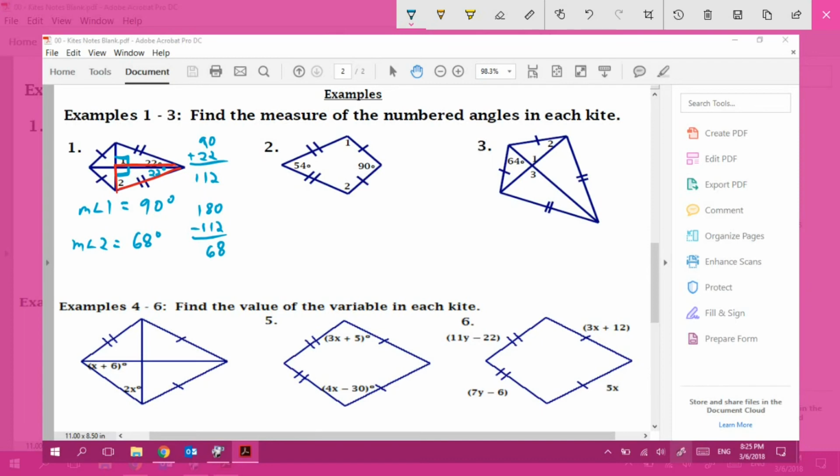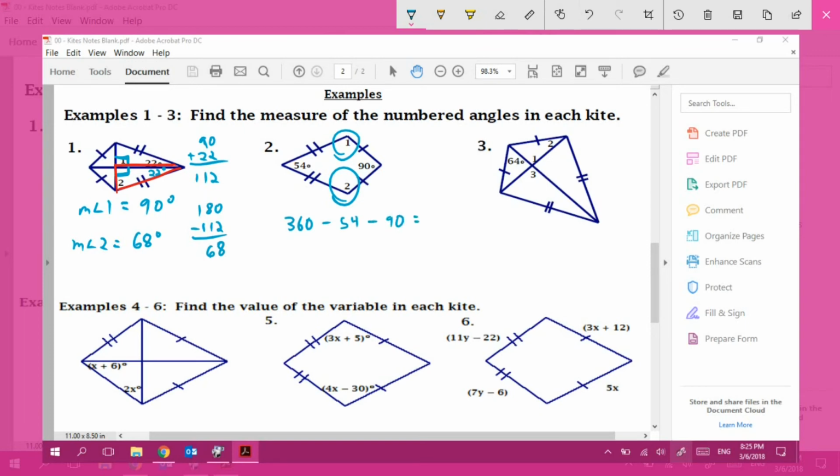Looking at number 2 now. How am I going to find the measures of angle 1 and angle 2? Remember, the total in any quadrilateral is going to be 360 degrees. And then remember, one pair of opposite angles are congruent. So these two angles are going to be the same. So let's just see how many degrees I have left after I subtract the 54 and subtract the 90. So 360 minus 54 minus 90.